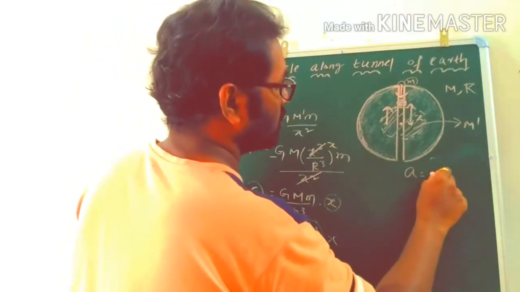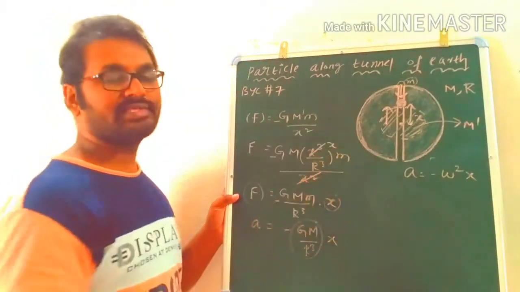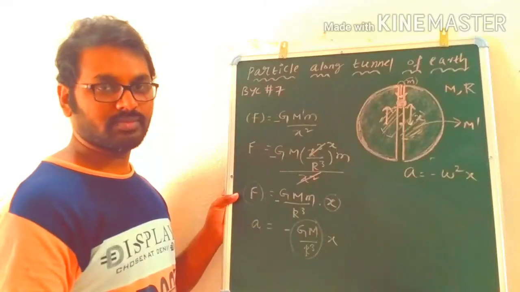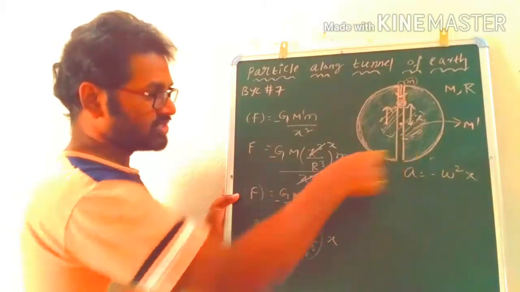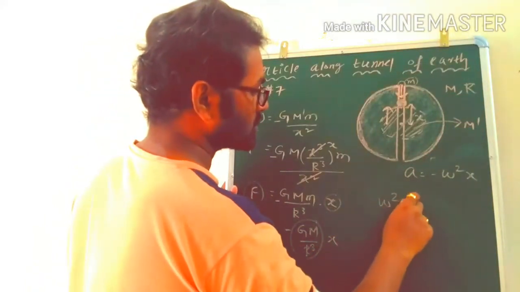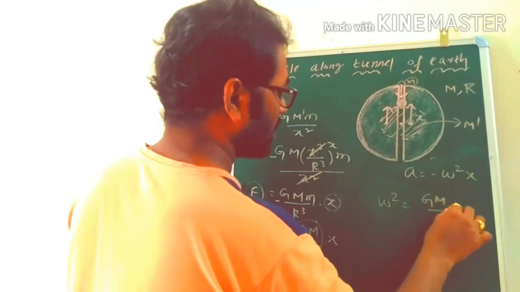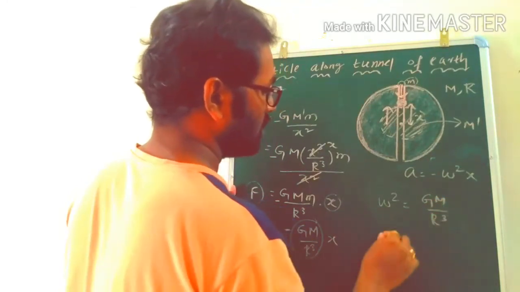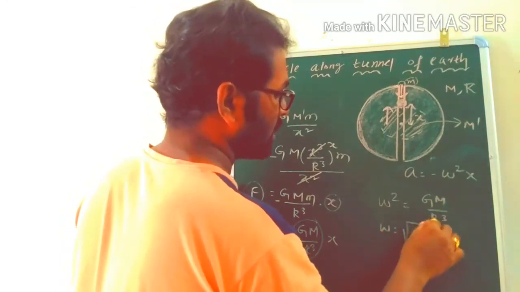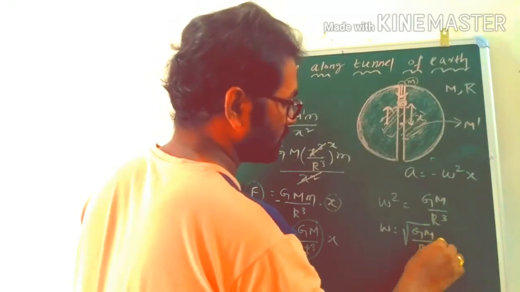A is equal to minus omega square into x, where omega is the angular frequency. Looking at these two equations, we can directly equate omega square is equal to GM divided by R cube, or omega is equal to under root GM divided by R cube.